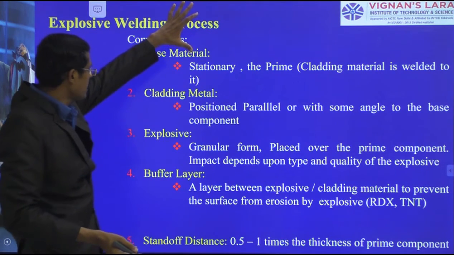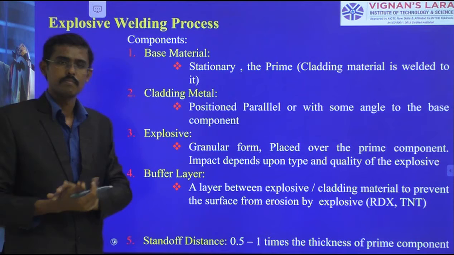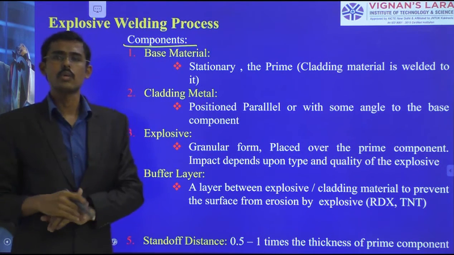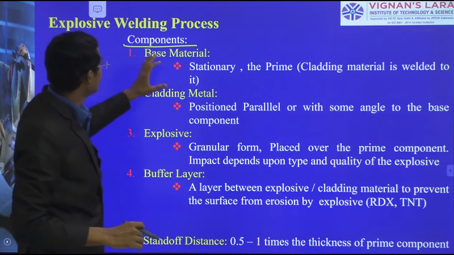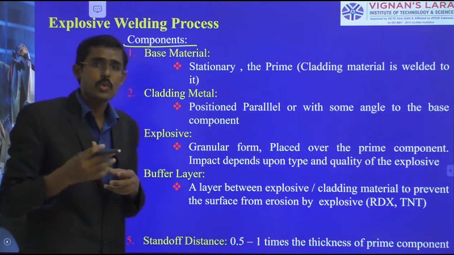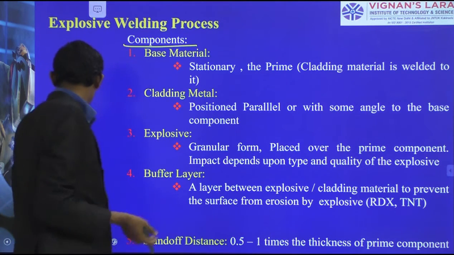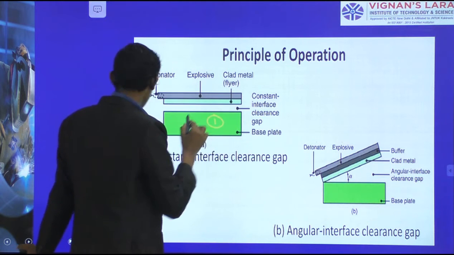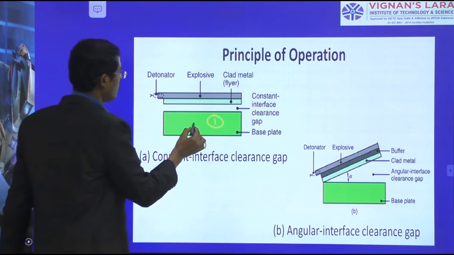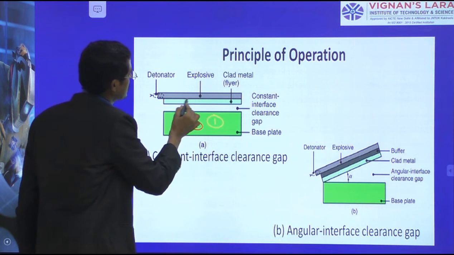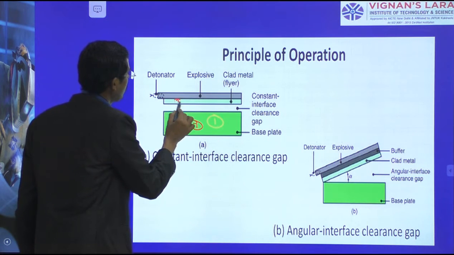So I am showing some basic steps over here: how we can do it and what components we first use. I have taken the base material, the first component, and I am explaining the procedure of the explosive welding process. Here is one component, and one more component we have collected, this small light colored one, the second component.